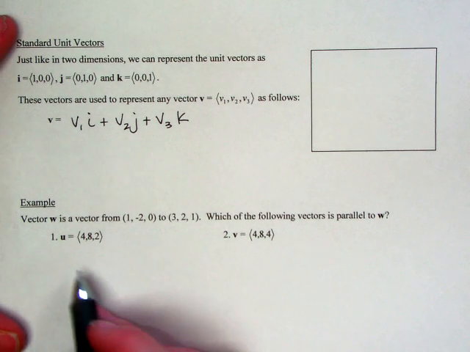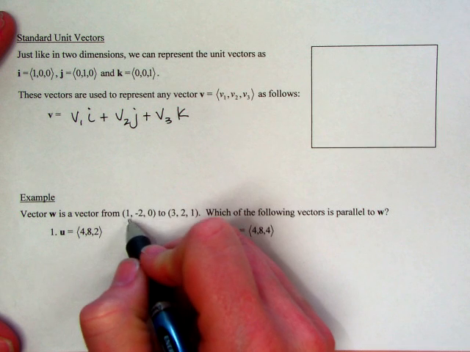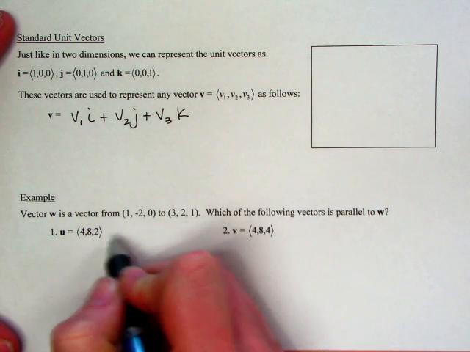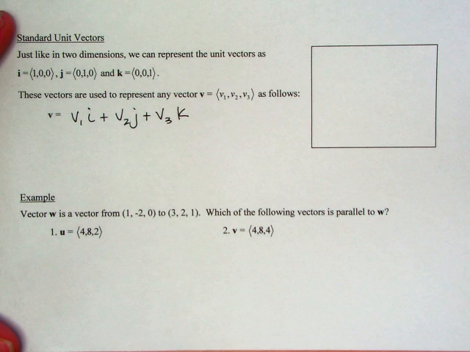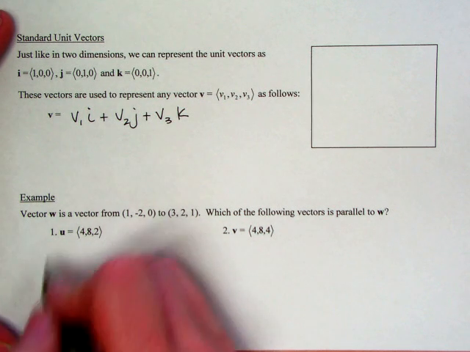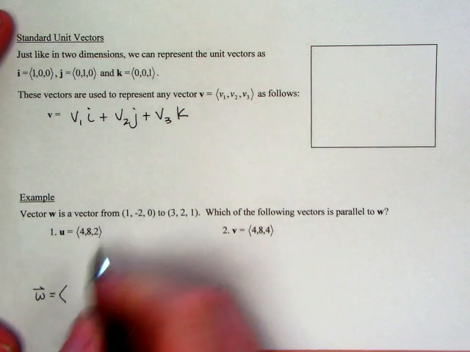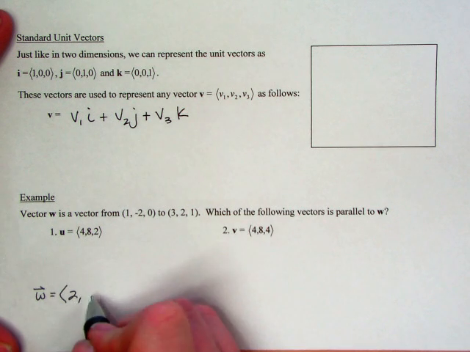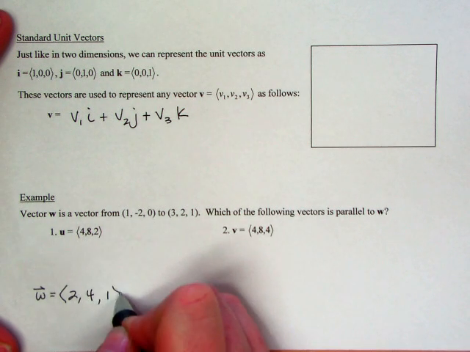Last couple, we're going to talk about parallel now. So here's my vector. It's going from this point, because those are parentheses, not bent brackets. So that's a point to a point, which means I need to do component form first. So my vector w in component form would be terminal minus initial, so 2, and then 4, 2 minus a negative 2, and then 1 minus 0 for a 1. That's my w.